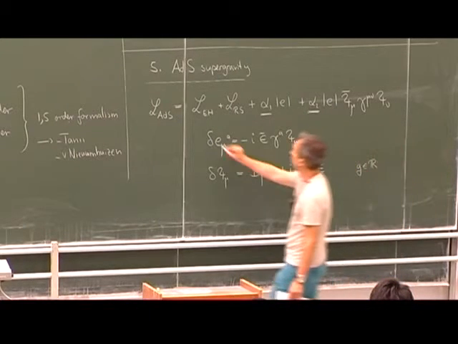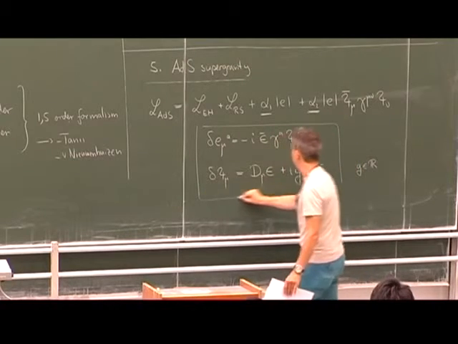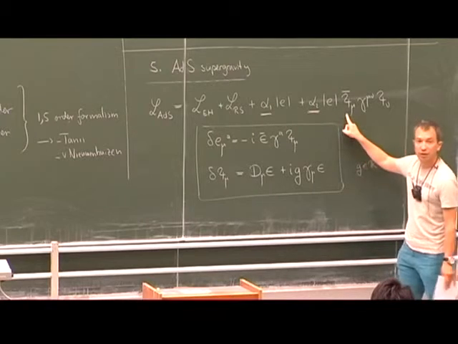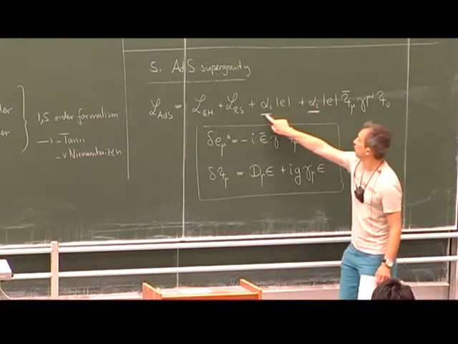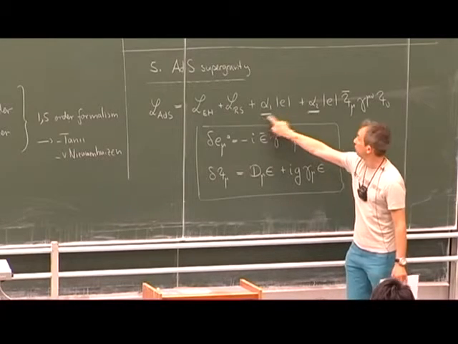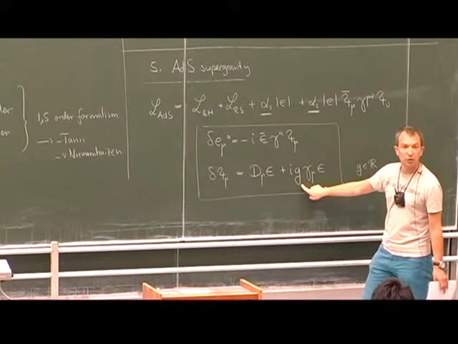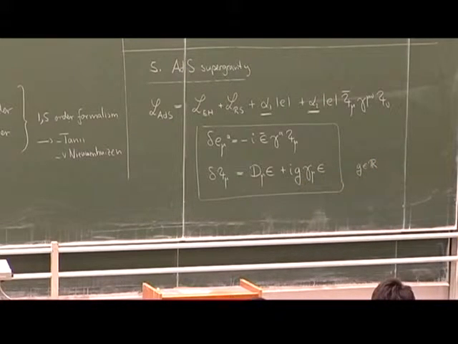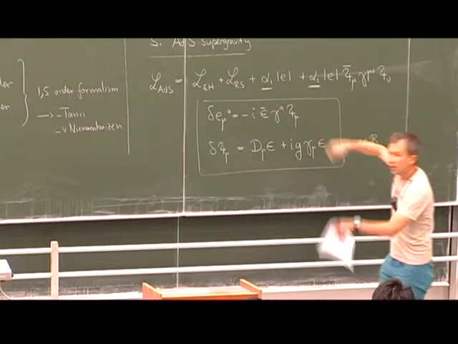And the statement is, if you do that, so you slightly modify your transformation rules, you slightly modify your Lagrangian, all this can be made consistent if these constants are chosen as the correct functions of this coupling constant g. To check that is a nice little exercise in gamma matrices.